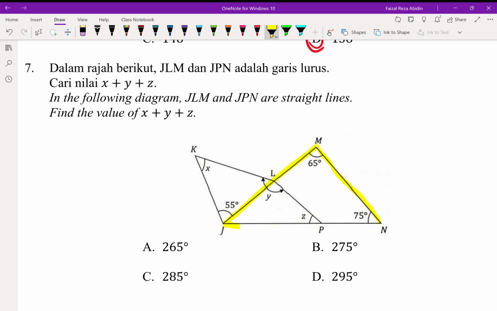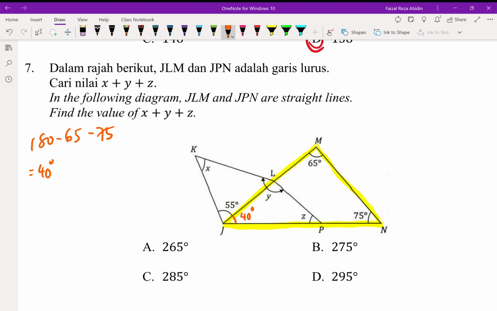Can you see the triangle here? I have two of the angles there, so I can find the angle at J. 180 minus 65 minus 75, so we are going to get 40. So 40 is going to be here.